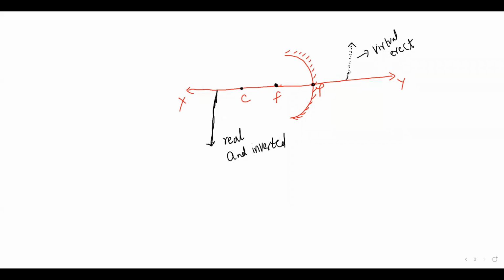Virtual erect images are formed behind the mirror. Real inverted images are formed in front of the mirror. Real images are inverted always and they are denoted by solid line. Virtual and erect images are above the axis, behind the mirror, and they are denoted by dotted line. Understood?